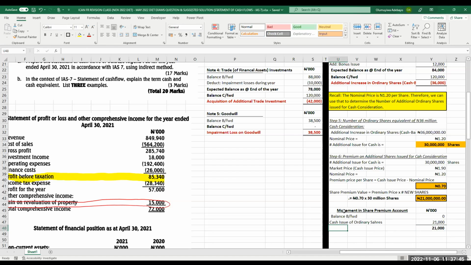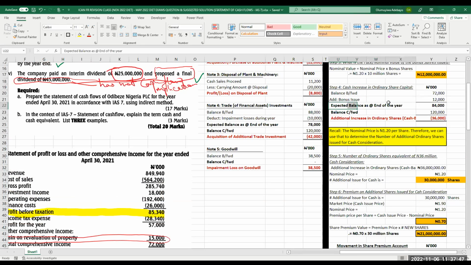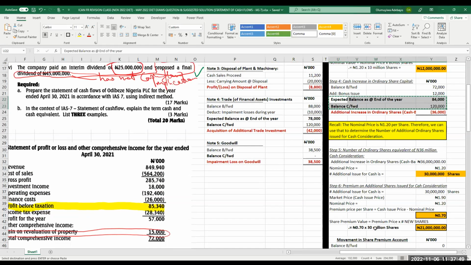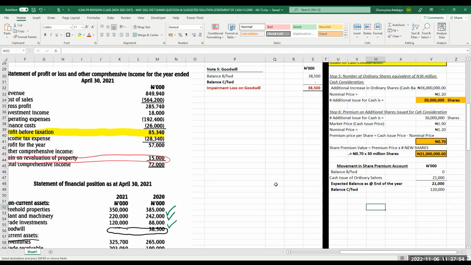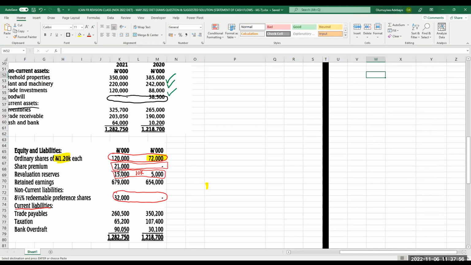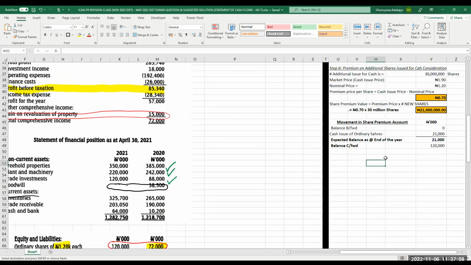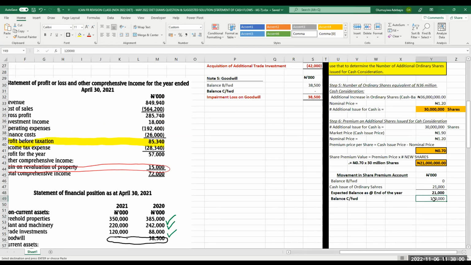And this is what we expect to have. We expect to have 21. But what do we have? We equally have 21. Therefore, all is well, and there's no other difference.